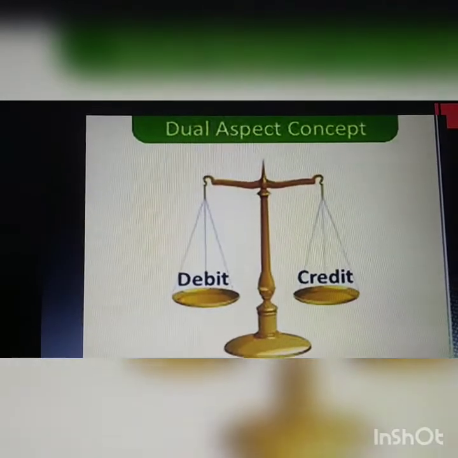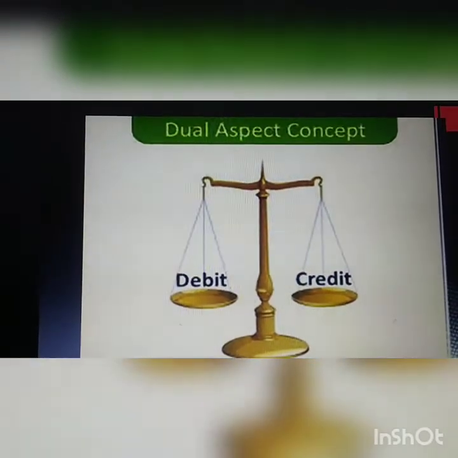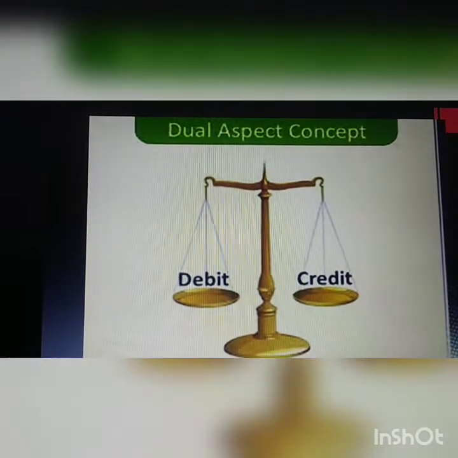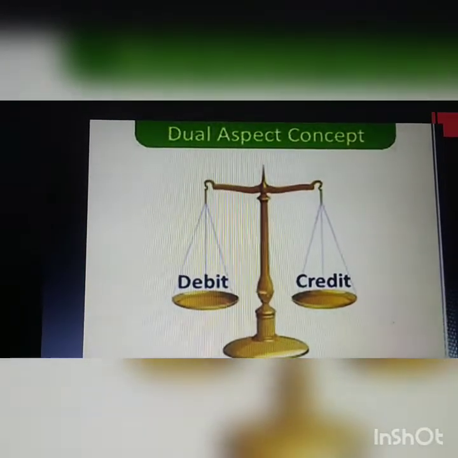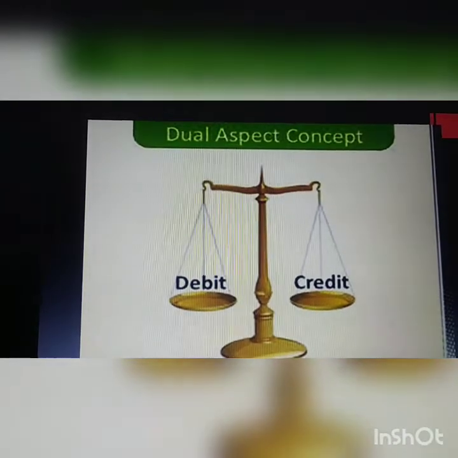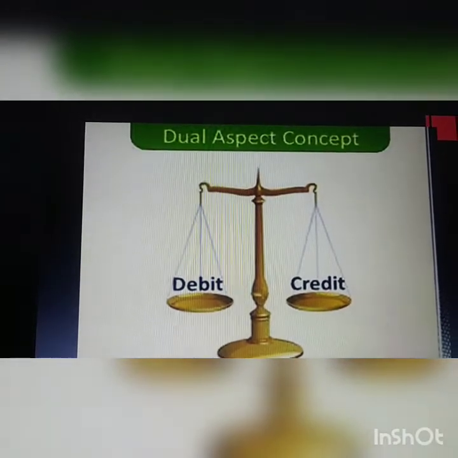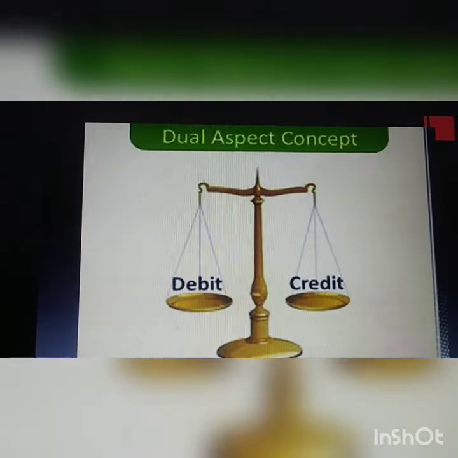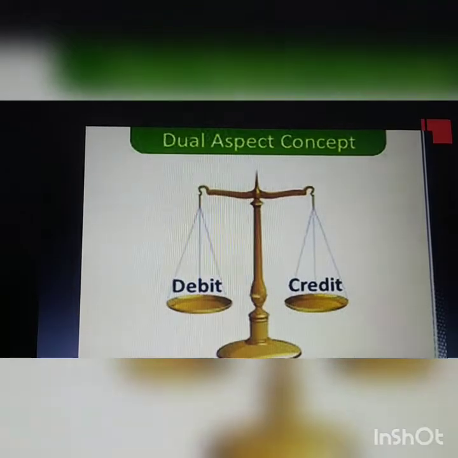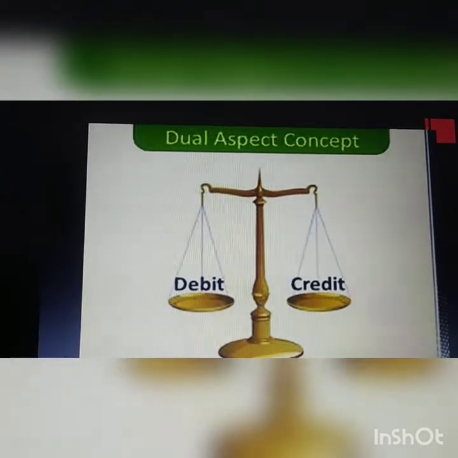Okay, every transaction has two aspects. One is debit, another is credit. For example, if we are purchasing machinery for cash, machinery increased by the same amount and at the same time cash decreases by the same amount. Okay, so that is your dual aspect concept.